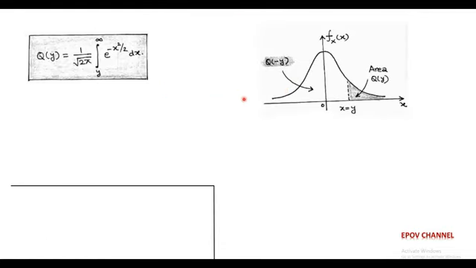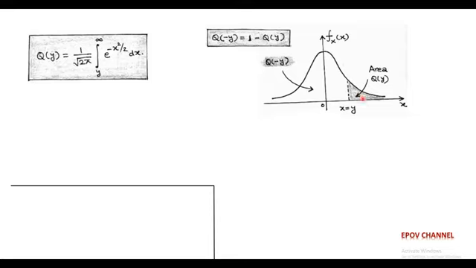So on the basis of these observations, the Q function is represented at the positive tail region shown by the shaded area, and it equals Q of y, and the remaining area is called Q of minus y. And Q of minus y is simply equal to 1 minus Q of y.